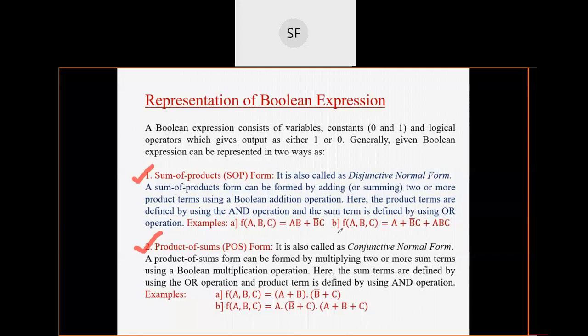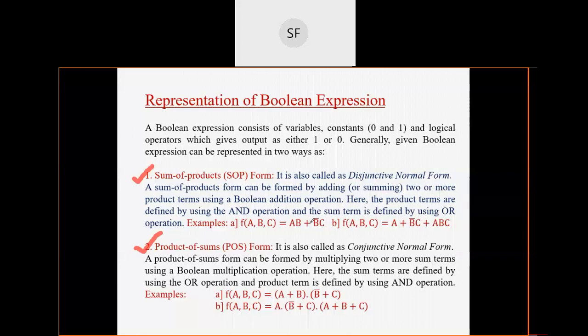So here you can understand how this sum of product will look. Here are two examples I have given. Sum of product, right?